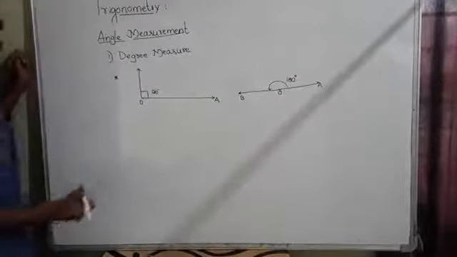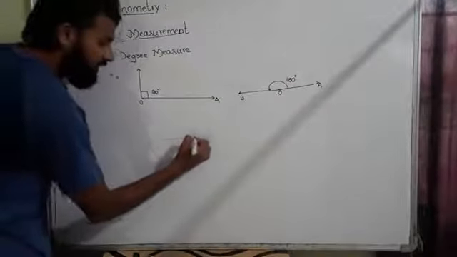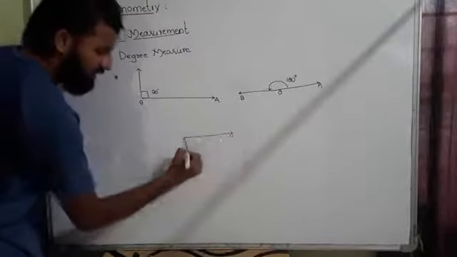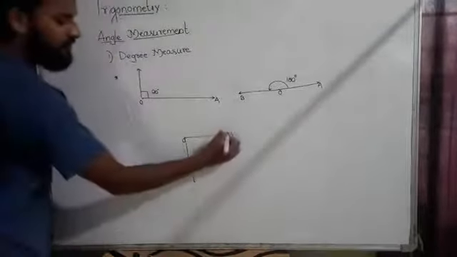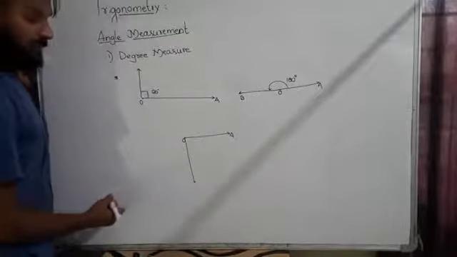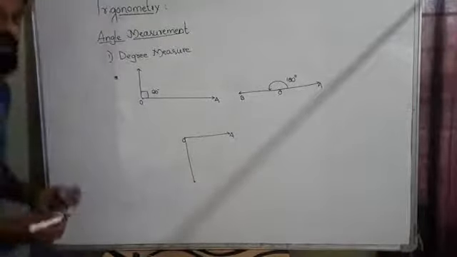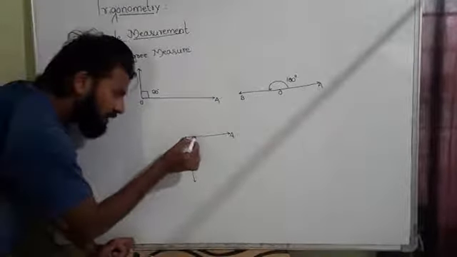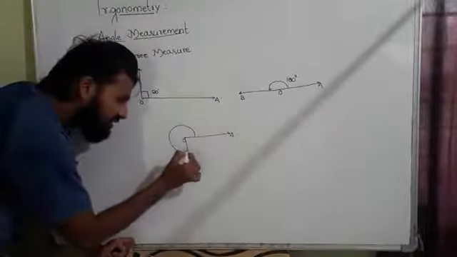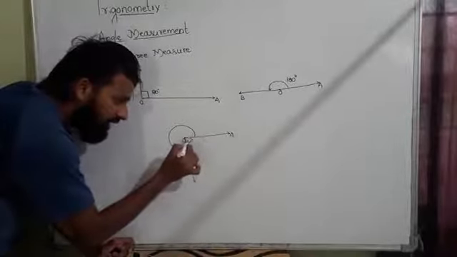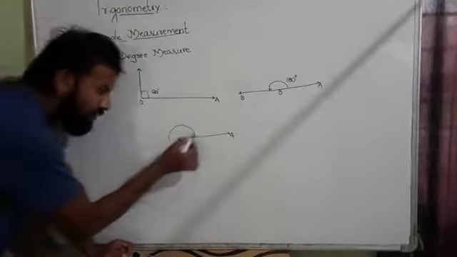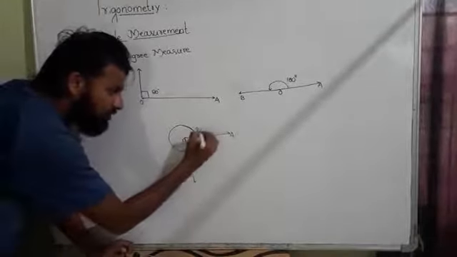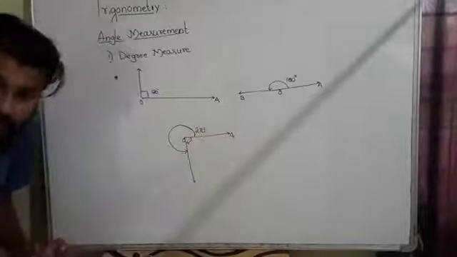If the initial line is like this and the terminal line is like this, this is OA and this is OB. Then what is the angle between them? Now I have two different answers. I can measure the angle like this, or I can measure the angle like this also. If I measure in anti-clockwise direction, it will be 270 degree.